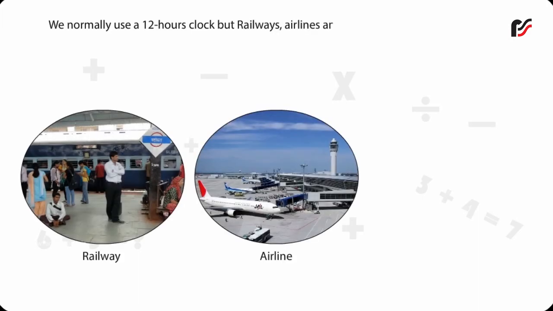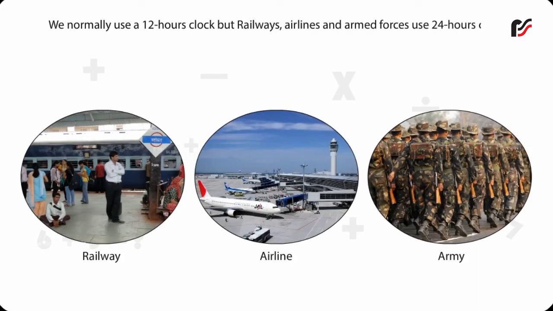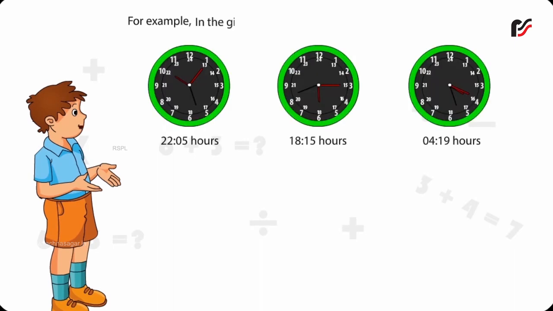24 hours clock time. We normally use a 12 hours clock, but railways, airlines and armed forces use a 24 hours clock. In this, the time is expressed in 4 digits. For example, in the given clocks, the time is 22:05 hours, 18:15 hours and 4:19 hours.